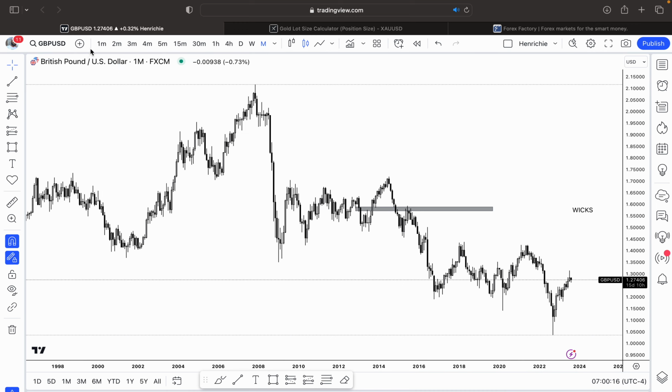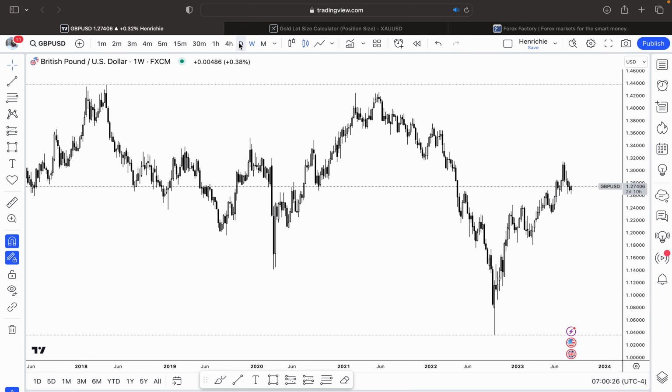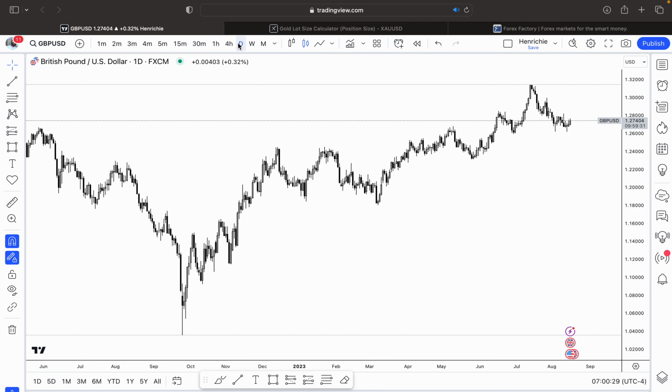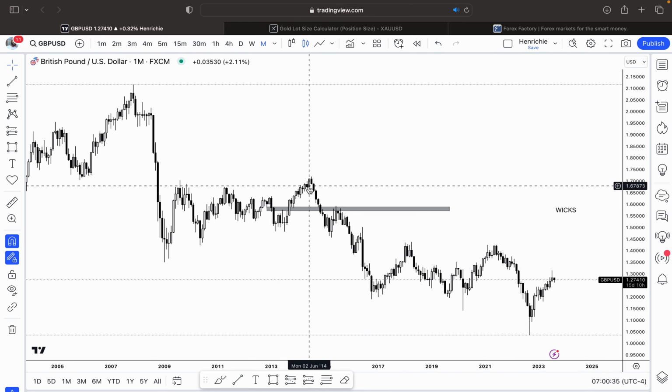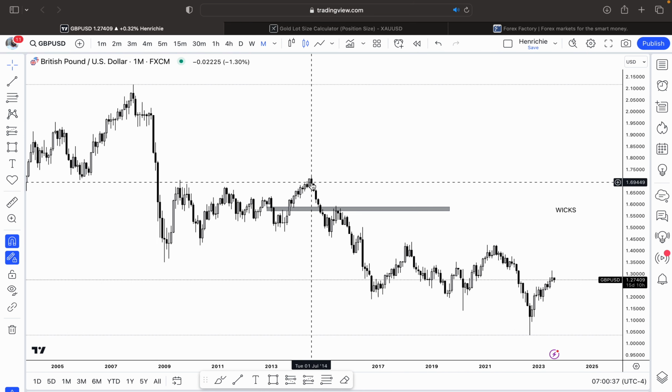So we'll show you how to go through your time frames. So here is the monthly time frame, and here is the weekly time frame, and here is the daily time frame. So in the monthly time frame, every single candlestick is 1 month's price movement.